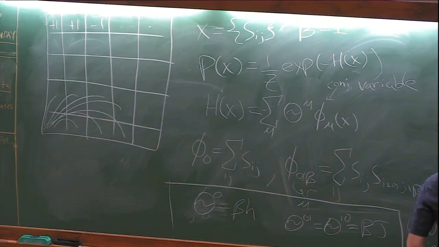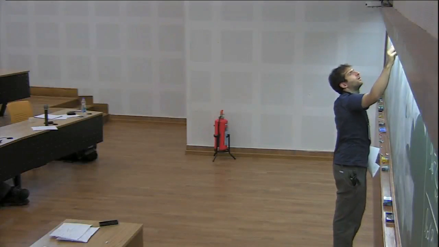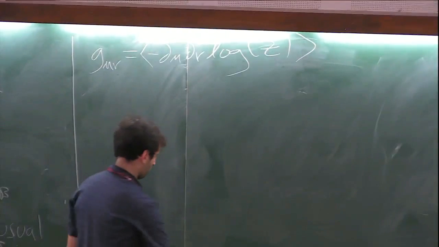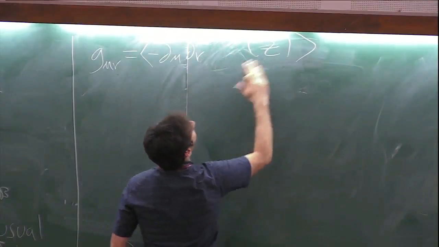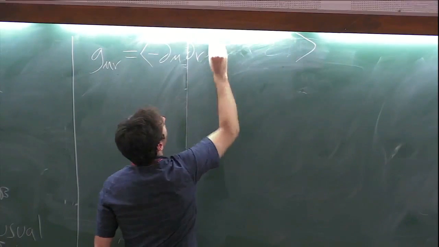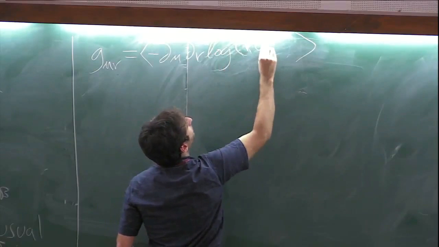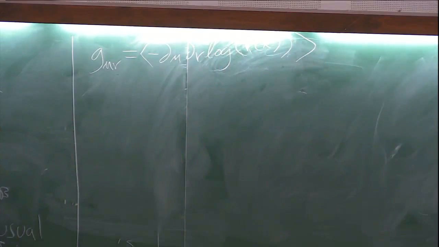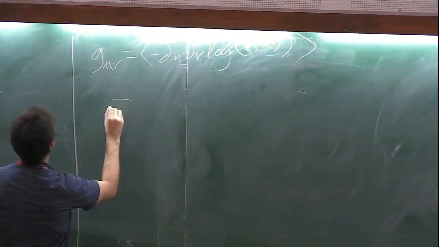So g mu nu is going to be minus d mu d nu log p of x. And I can write this as, well, log p of x is going to be minus H of x plus log Z, and this is just a constant, right?